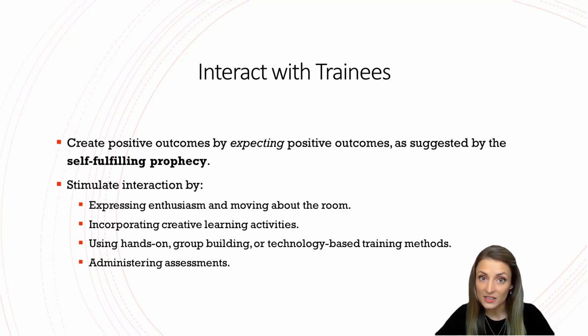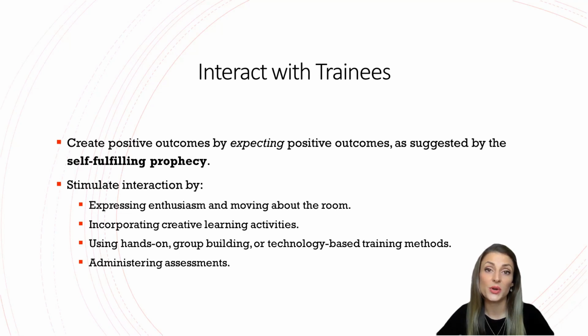Create or find learning activities that are interactive, engaging, and application-based, like role plays and business games. Use a variety of hands-on, group building, and technology-based training methods to get trainees more involved. We'll learn more about these methods in the next module.